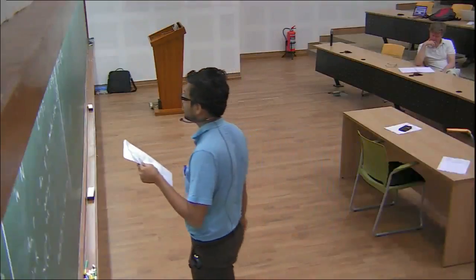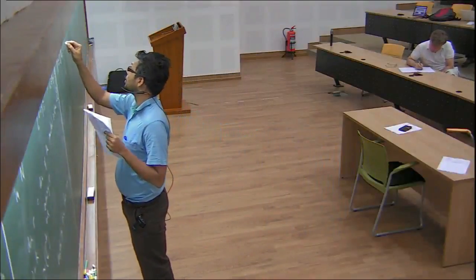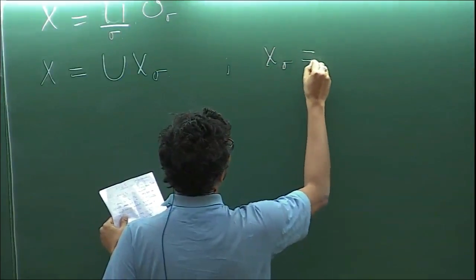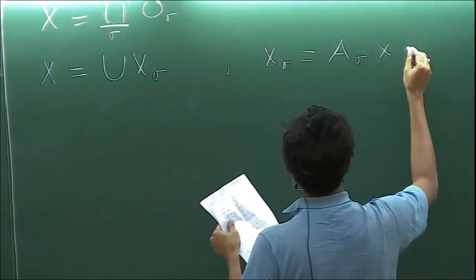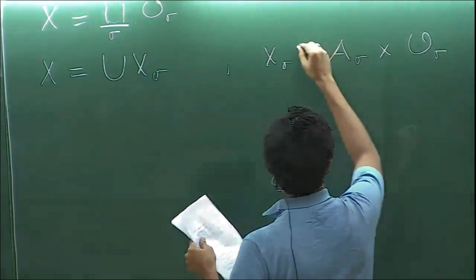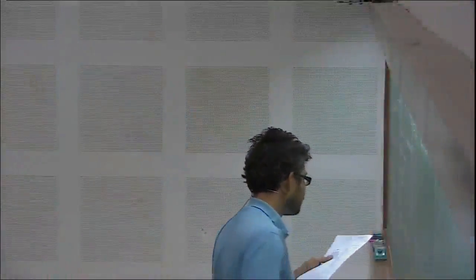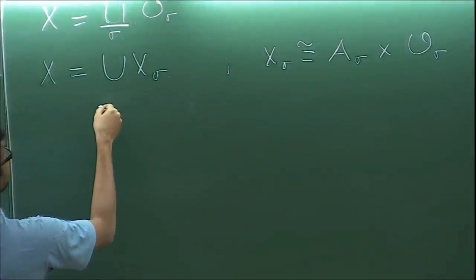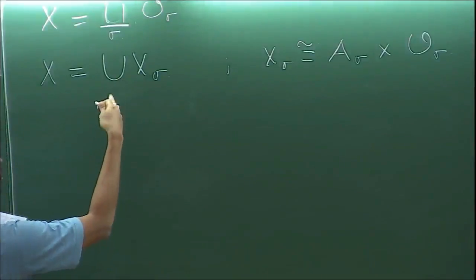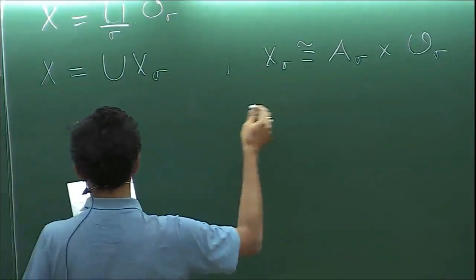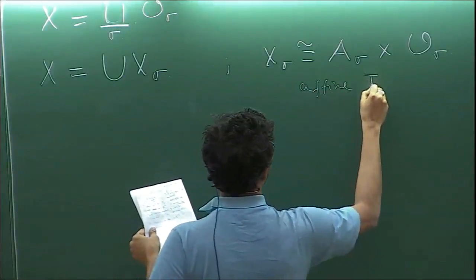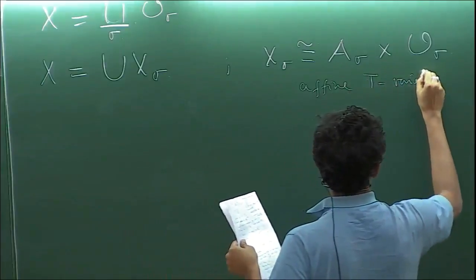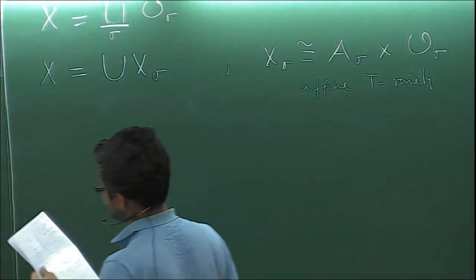Each X sigma is A sigma cross O sigma, and there is a gluing of these X sigmas, which are affine T varieties, stable under the T action.